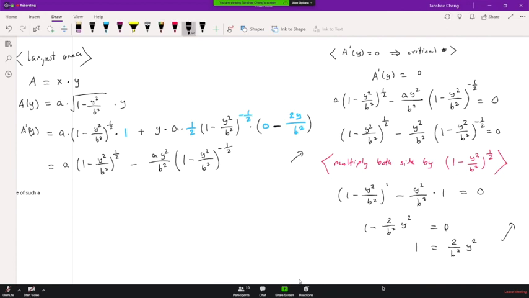Ready? So if I plug in this 0.5b into here, let me do this. Give me a second, okay?